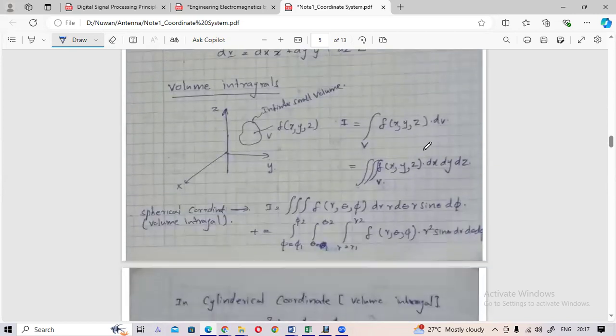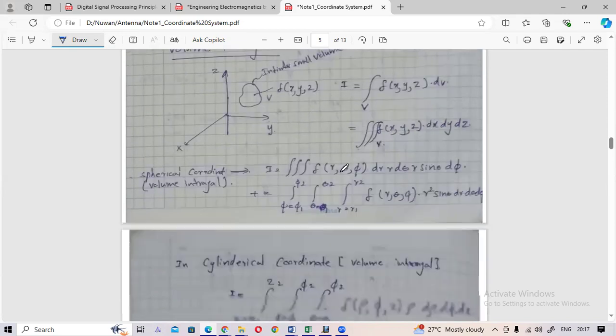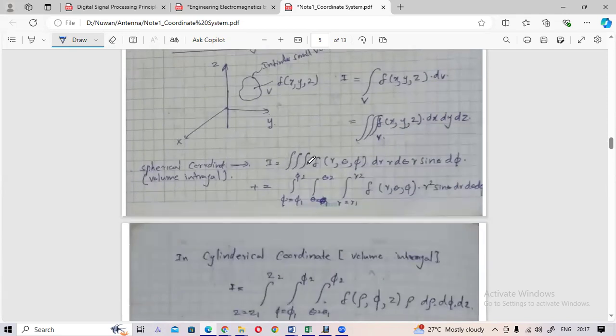When you are finding the unit in the volume integral, in Cartesian coordinate you can directly integrate with respect to dx dy dz, but in spherical coordinate you can't directly integrate dr d theta d phi.